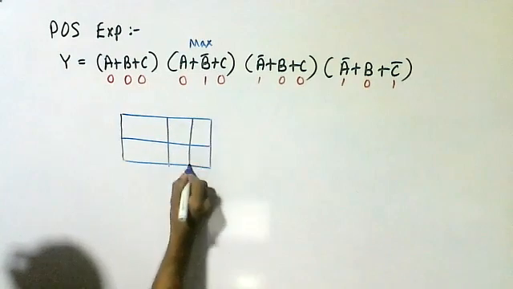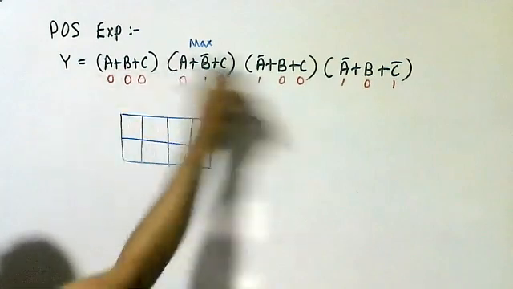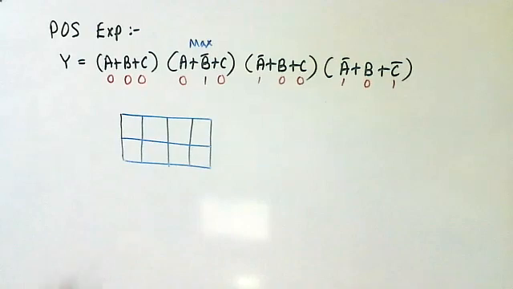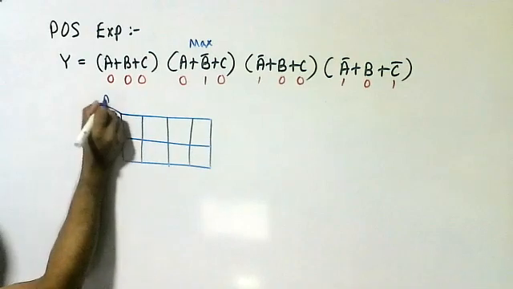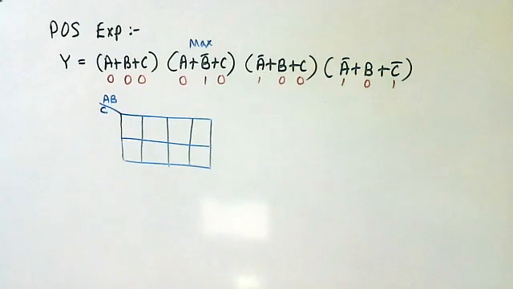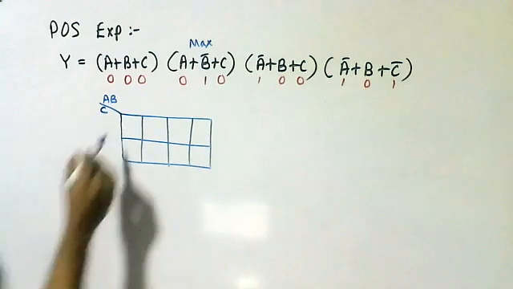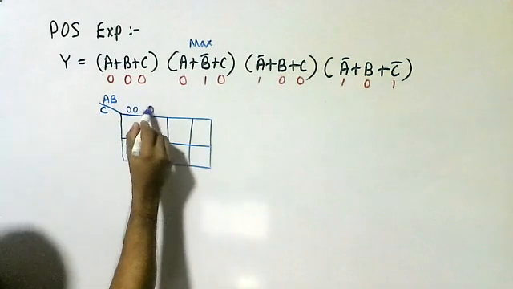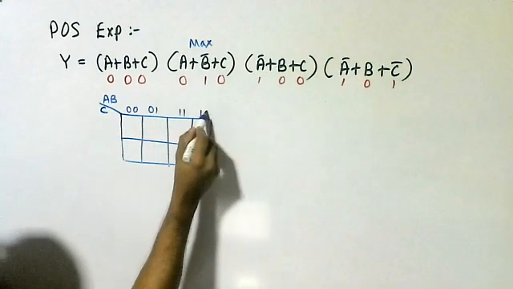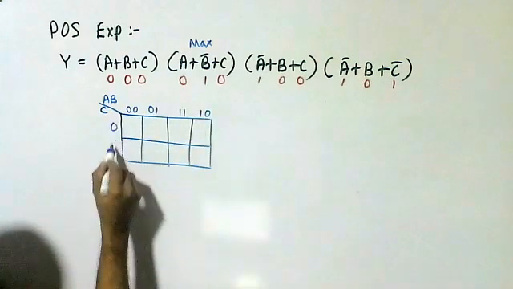We need 8 cells because there are 3 variables, A, B, C. Column headers 0 0, 0 1, 1 1, 1 0. Row headers 0, 1.